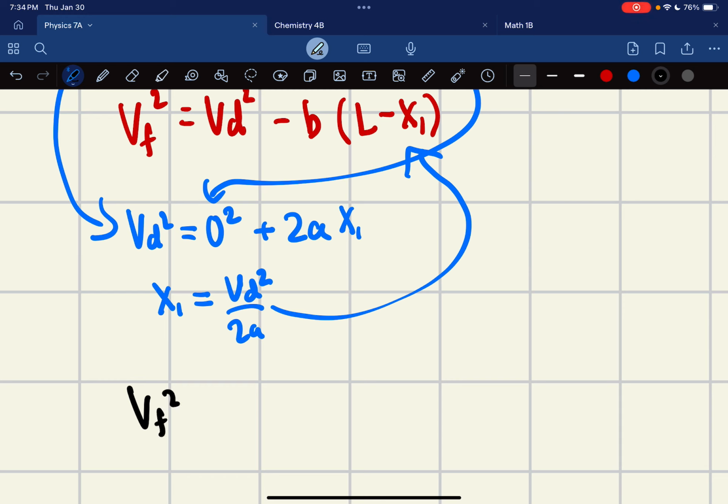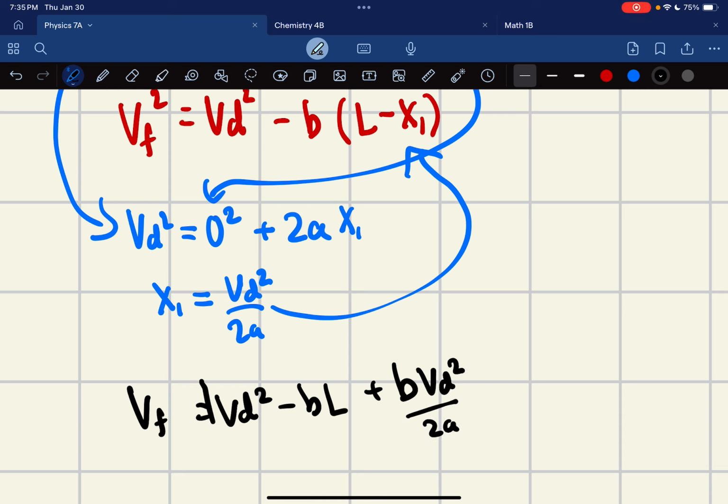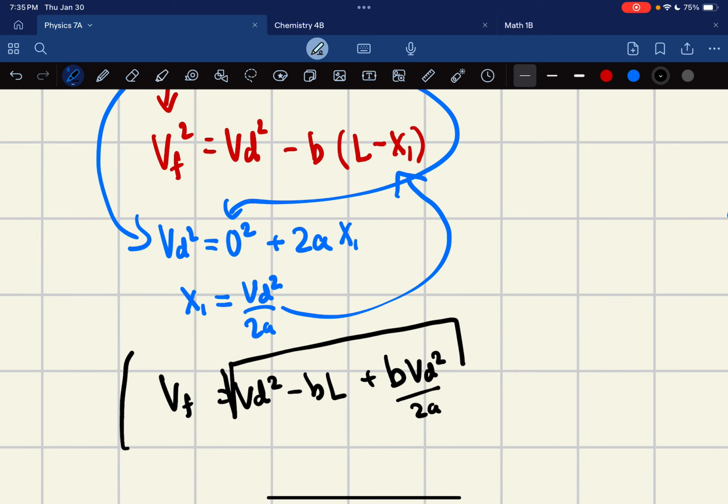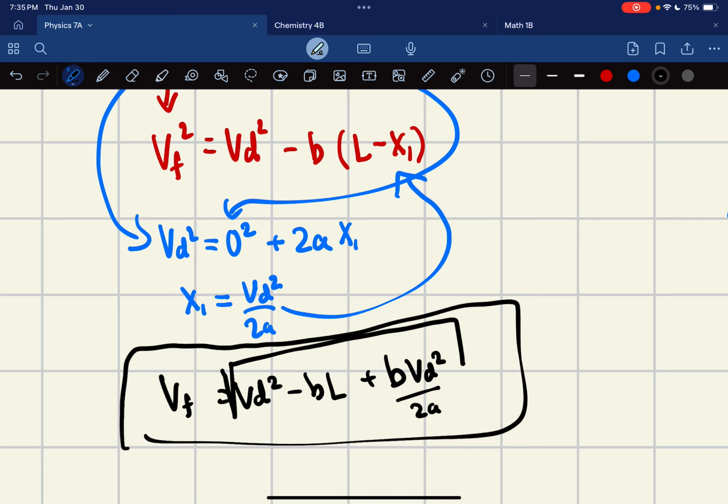VF squared equals VD squared minus b times L, and I'll fully distribute it out, plus, because it's a negative, b VD squared over 2A. To get rid of the square, I'm going to square root both sides. So that gives a final velocity of this value.